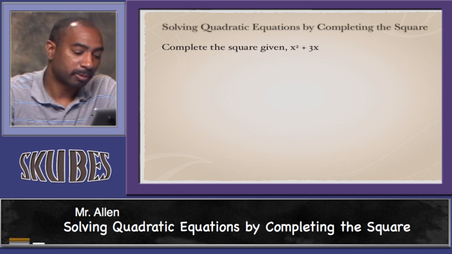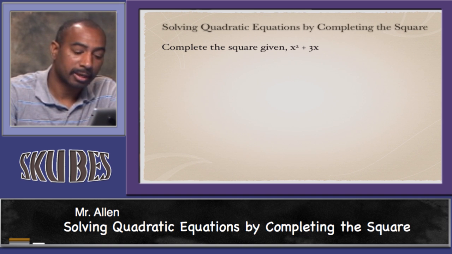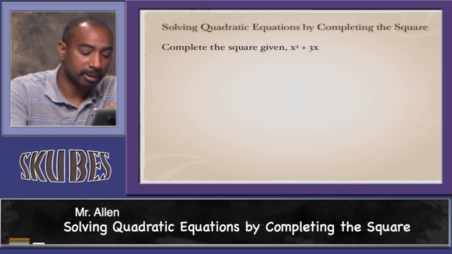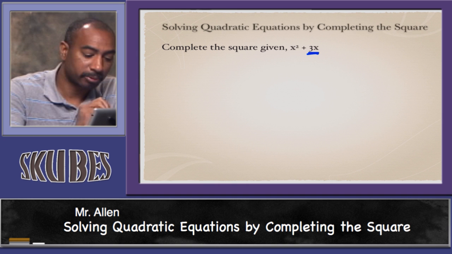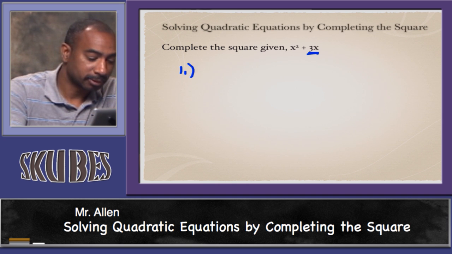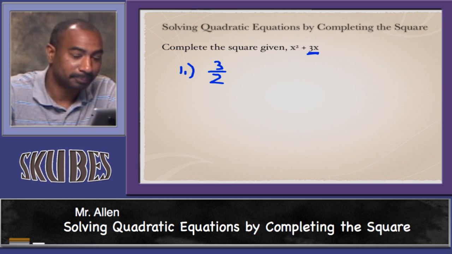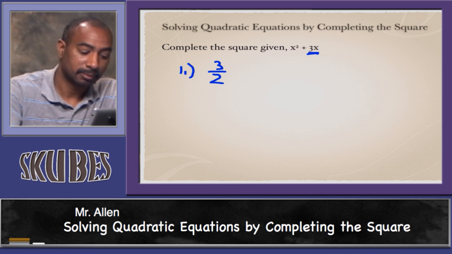One more. Complete the square of x squared plus 3x. Sometimes the coefficient can be an odd number, but you still go through the same procedure. This time I have a 3 for the coefficient of the linear term. I'm going to divide it by 2, but 2 doesn't divide into 3 evenly. You're not going to make it a decimal or a mixed number, but leave it as a fraction.